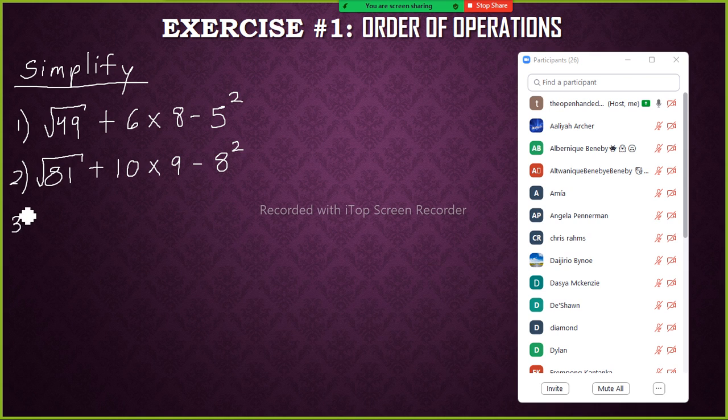Number 3, the square root of 64 plus 9 times 7 minus 7 squared.